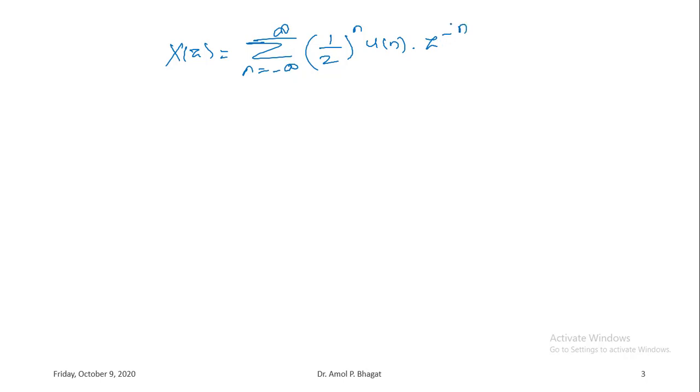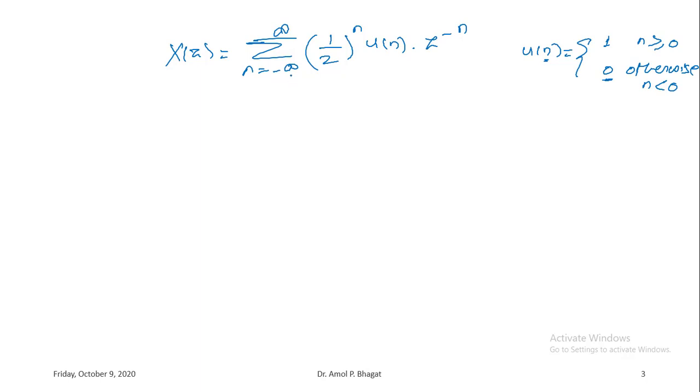And we know that u of n is the unit step sequence, and its value is 1 for n greater than or equal to 0, and it is 0 otherwise. That is, for negative values of n, u of n is 0. So you can eliminate negative values from this summation.